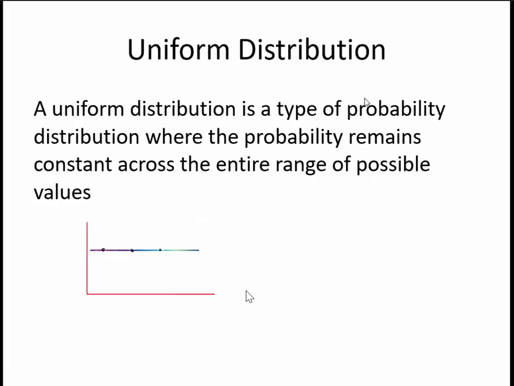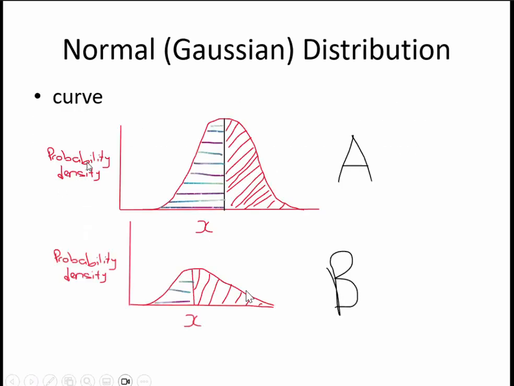So when we talk about normal distribution, we are looking at the probability density against the values of that data set. Normal distribution means there is an even distribution on the two sides of our curve. So if this is our mean, this side and this side are the same.